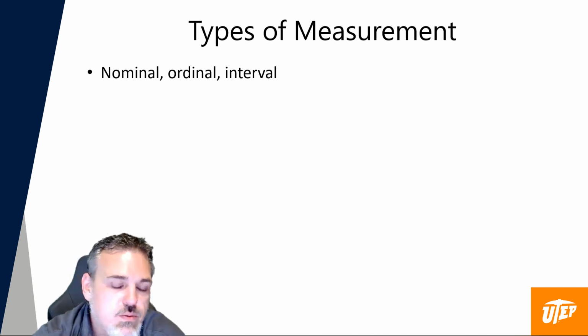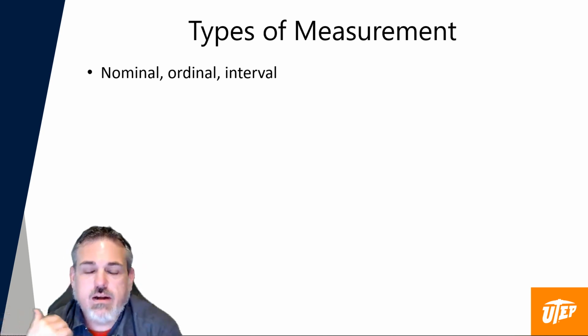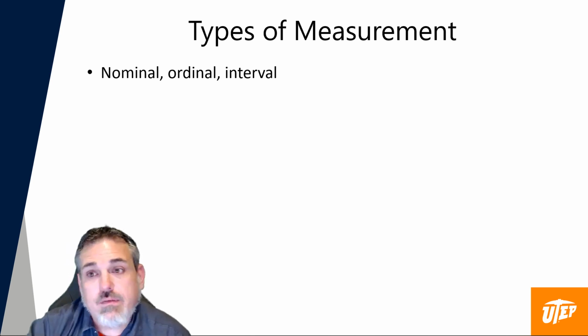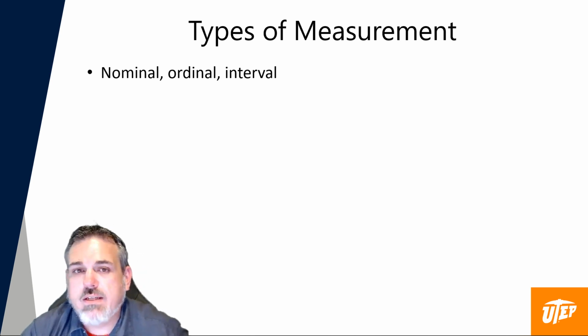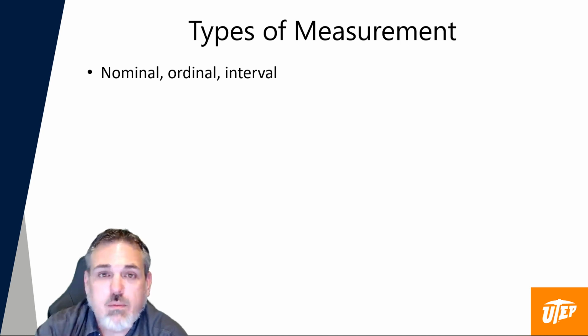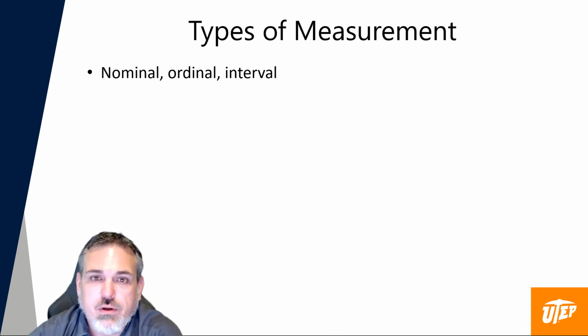So an individual who makes $31,000 a year as compared to an individual who makes $32,000 a year, the difference between what they make in a year is $1,000. So the difference between those data points is meaningful. There is actually a quantifiable thing that we can identify there, which differentiates it from ordinal data.